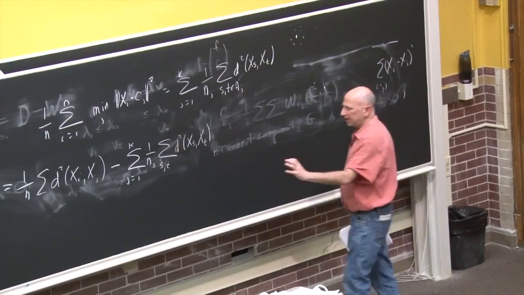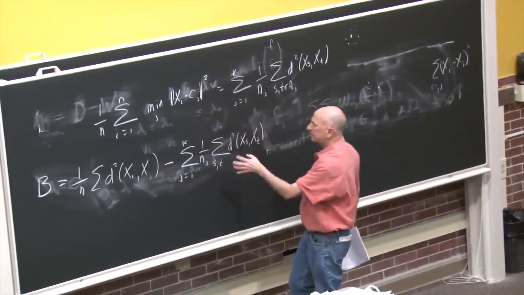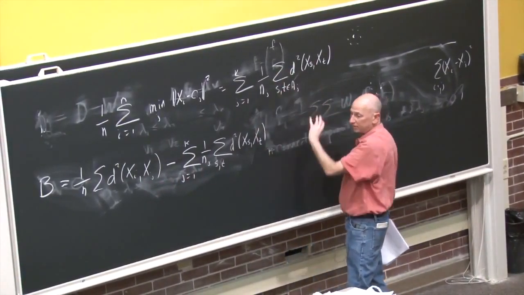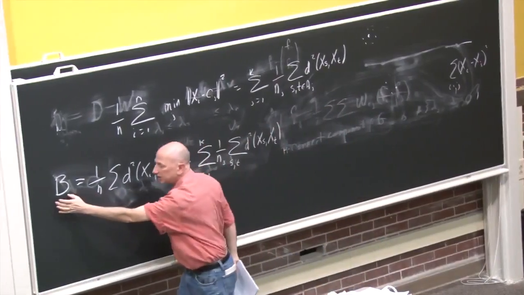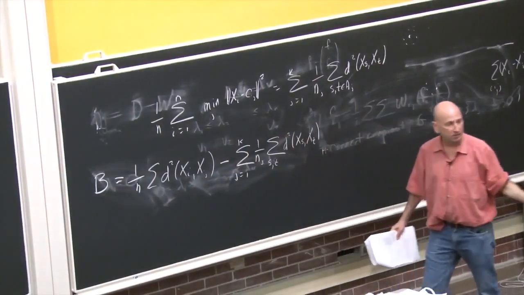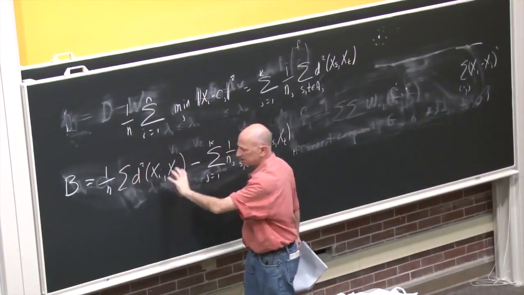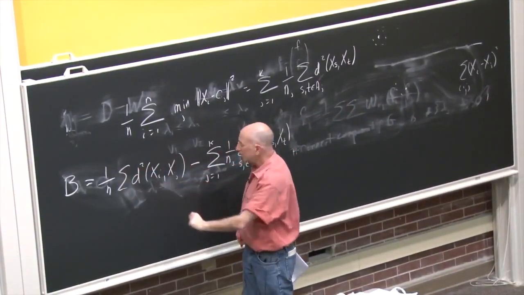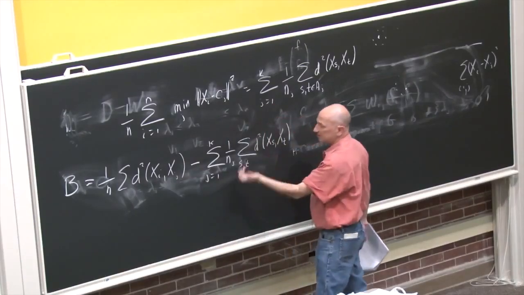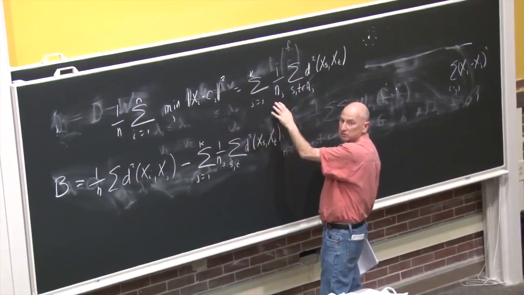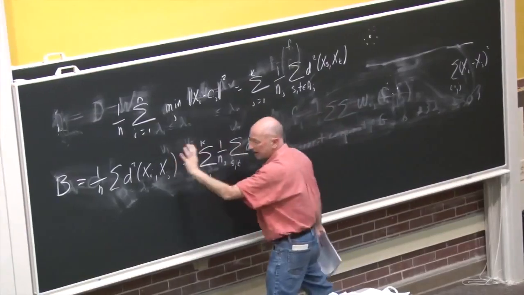So I'm just taking the total variance minus this within cluster variance and defining that to be the between variance. Doesn't seem to do anything. This is just a constant, right? This is just some number. It doesn't depend on the clustering. So really, it's a constant minus this thing. So minimizing this, which is what we usually do in k-means, is the same as maximizing this.